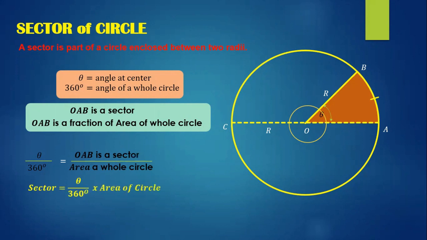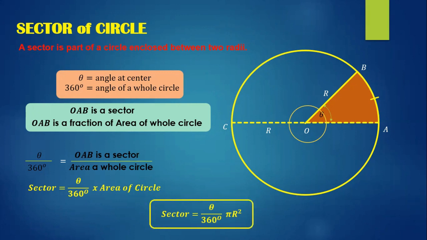By using cross multiplication, sector is theta over 360 degrees times the area of a circle. As we know, the area of a circle is pi r squared. So the sector is theta over 360 degrees times pi r squared.